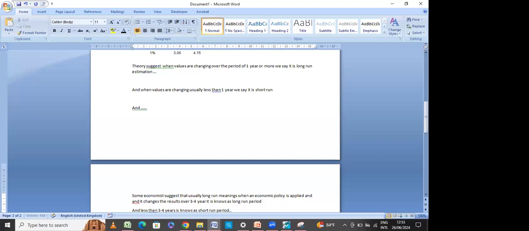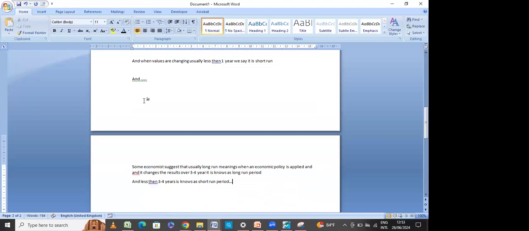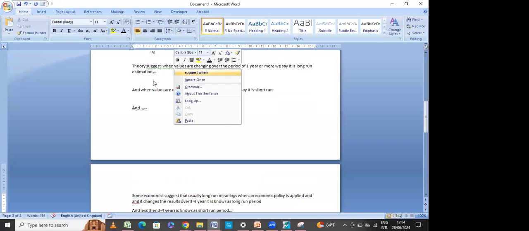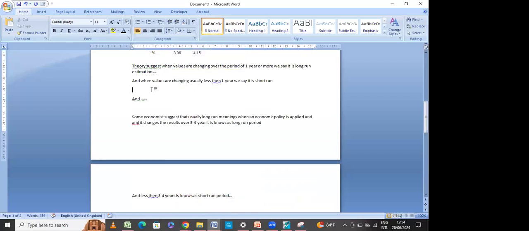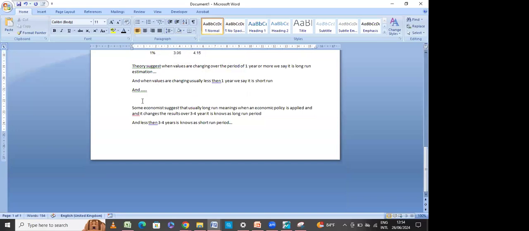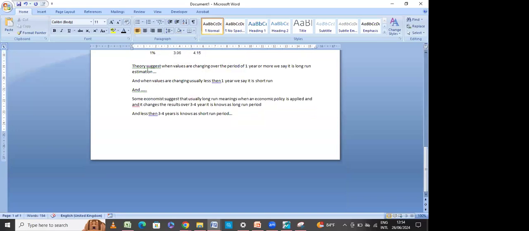So in economics, different definitions exist regarding long run and short run. Some theories suggest that if any values are changing over a year, it is known as the long run period. And some say that when they are changing over less than a year, it is a short run period.